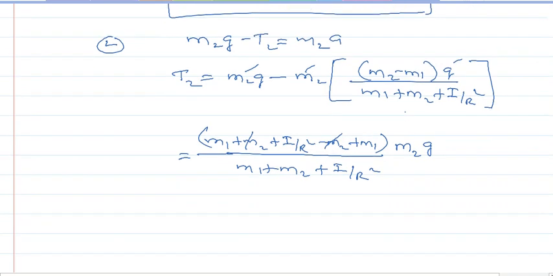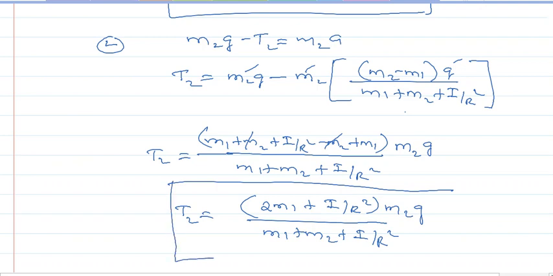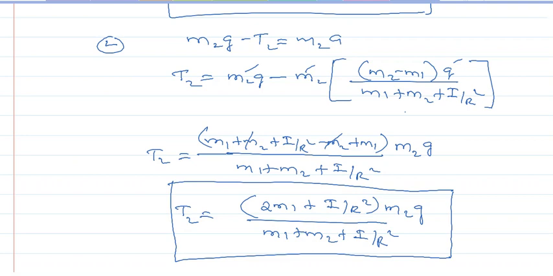So the equation of T2 becomes (2m1 plus I by r square), because 2m1 and I by r square are left. The denominator is m1 plus m2 plus I by r square, and the multiplication is m2g. So this is T2. If you observe, there is a difference between T1 and T2, but if I by r square is not there, then T1 becomes equal to T2. So this is the tension in the string.